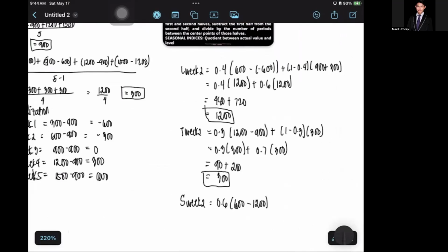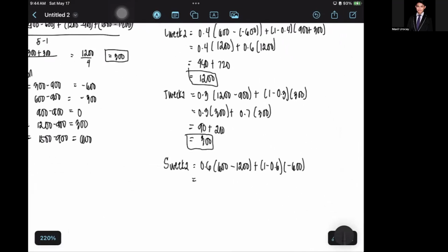And then afterwards plus the parameter, and then times the previous seasonality. The previous seasonality is negative 600. So what will happen? 600 minus 1,200, that will become negative 600.